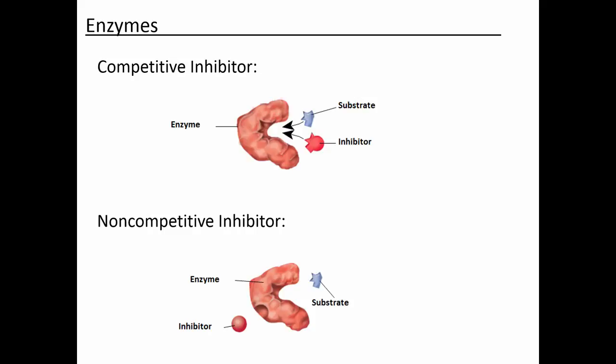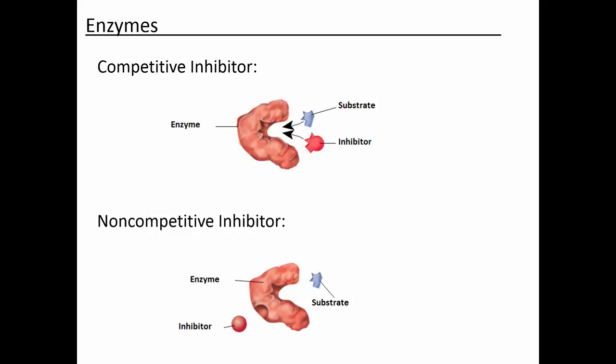Certain drugs and certain poisons can act as competitive inhibitors of enzymes. An example is sarin gas. It inhibits an enzyme, but I can't remember if it's competitive or not. I'll give you specific examples later on in the course once we study specific enzymes and pathways.